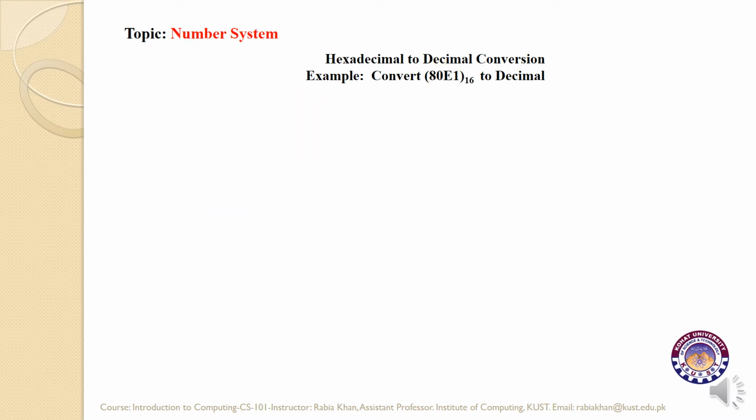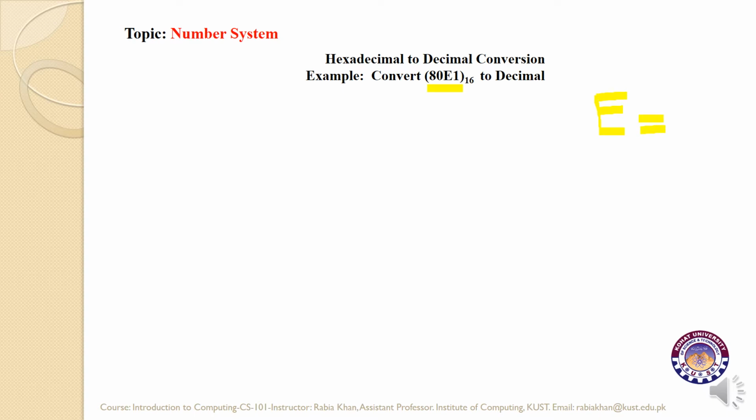Here we are given a hexadecimal number, 80E1, and we have to convert it into a decimal number. As you know, E represents the number 14.